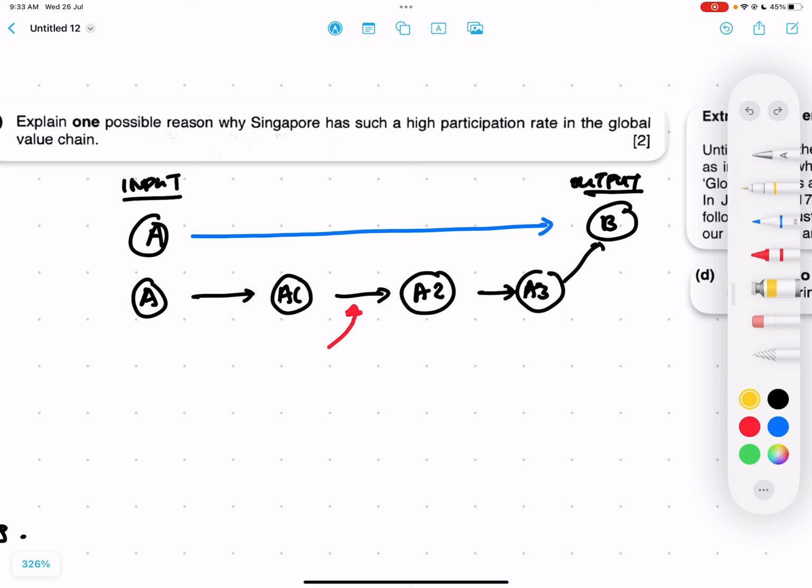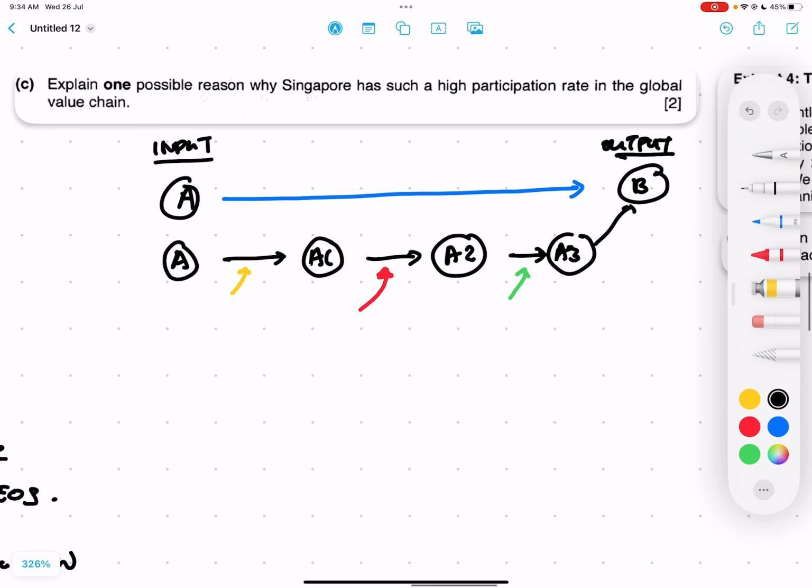Some might choose to specialize in the red arrow, some in the yellow, and some in the green. CA is when you specialize in A or B, but if you participate in the global value chain, there's specialization within the production process. But the benefits are the same as CA.